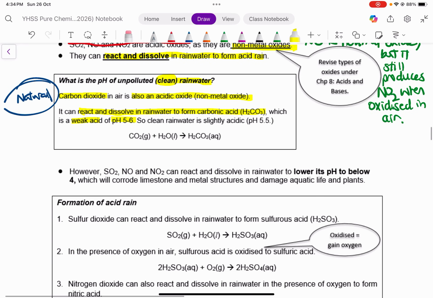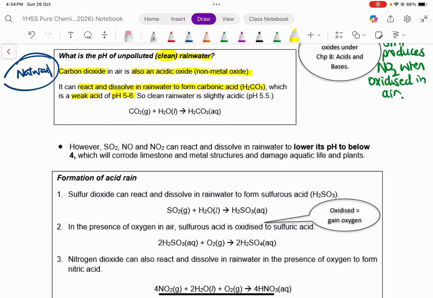However, if there is SO2 and NO2, it forms acid rain because it reacts and dissolves in rainwater and lowers the pH to below 4. So it's very, very much more acidic. At this very low pH, it will corrode limestone and metal. Why limestone? Why metal?